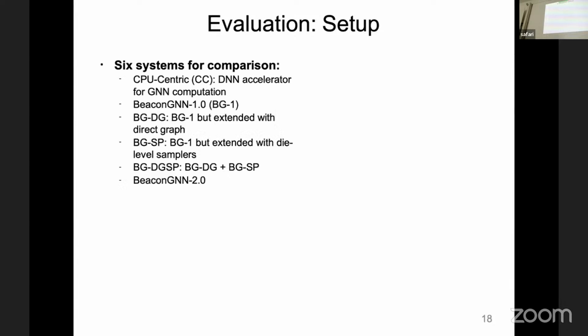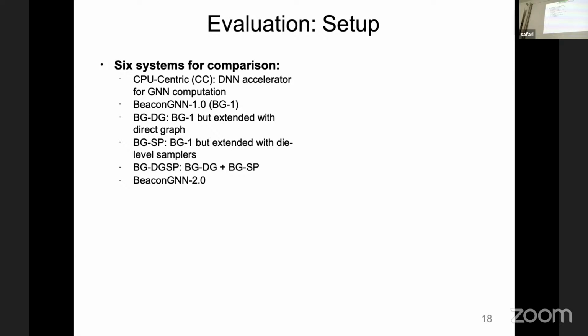For the evaluation, they evaluated multiple metrics, but we are only interested in 2 key metrics. But at first, the setup: they compared 6 different systems. The first system is just a regular CPU-centric system where we have a regular CPU, a regular SSD, and they also use a DNN accelerator to accelerate the feature aggregation, which is what we would commonly see in today's GNN applications.